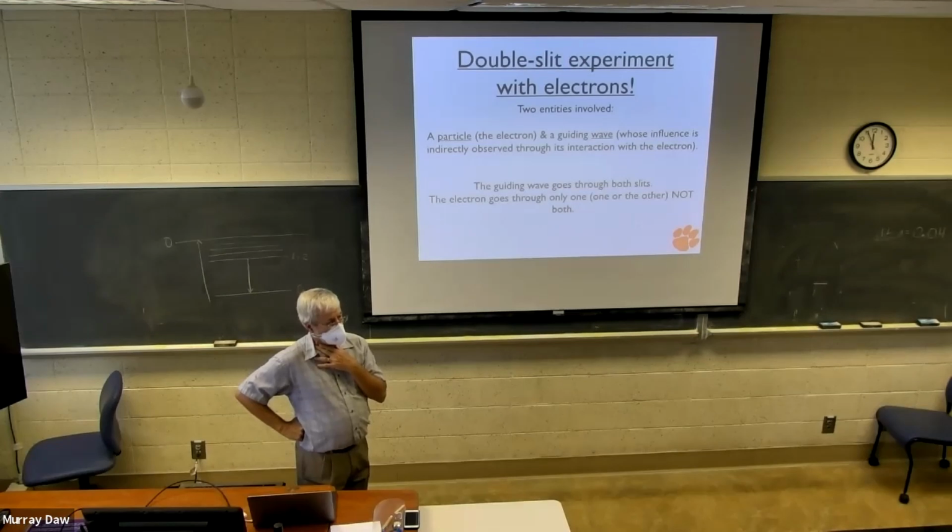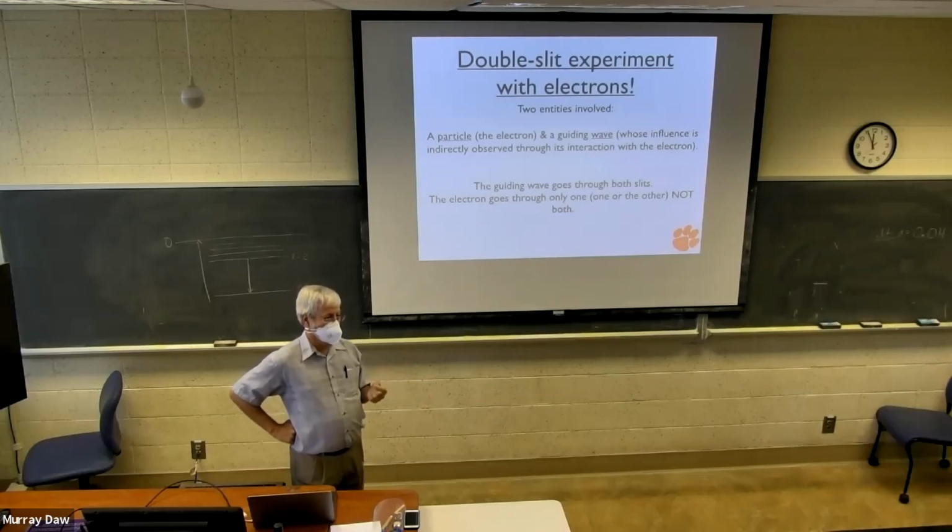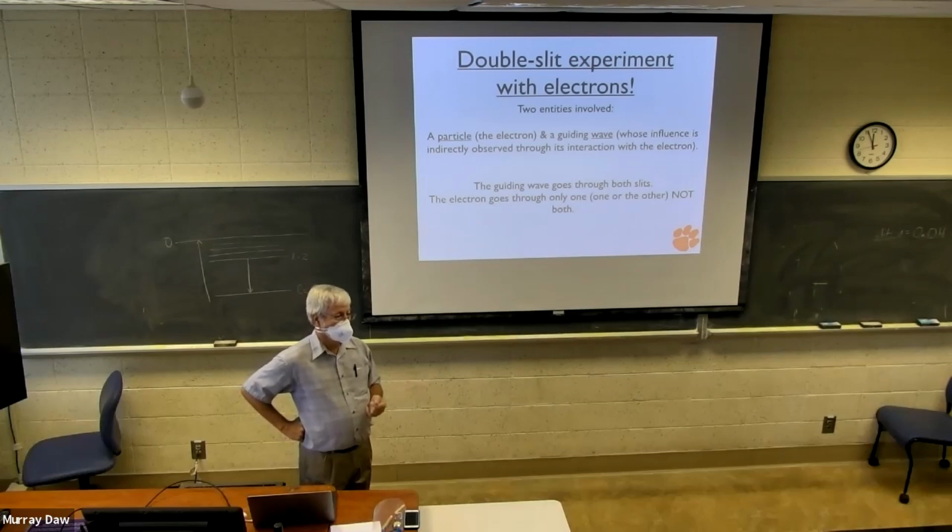When you say the guiding wave goes through both the slits, does that mean the virtual quantum of the electron? Well, we don't need to look at the virtual quantum of the electron. You mean the quantum inside the electron, right? I don't know what you mean. If you don't mean that, I don't know what you mean by virtual quantum of the electron. I guess never mind then.